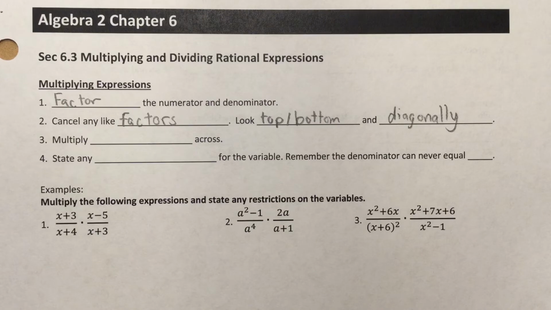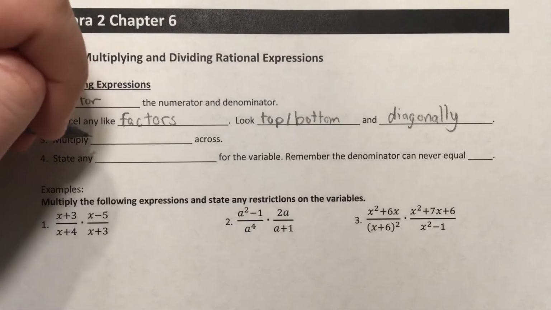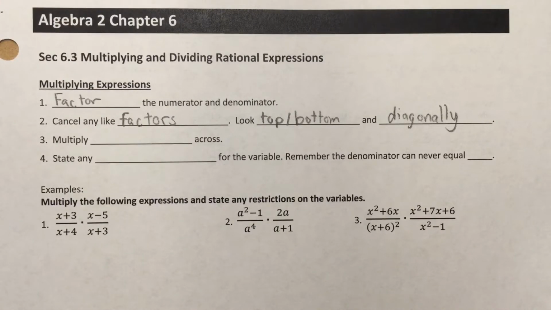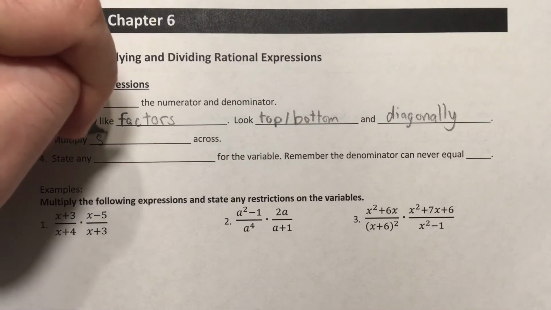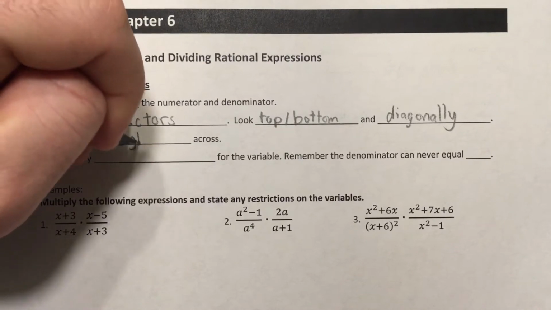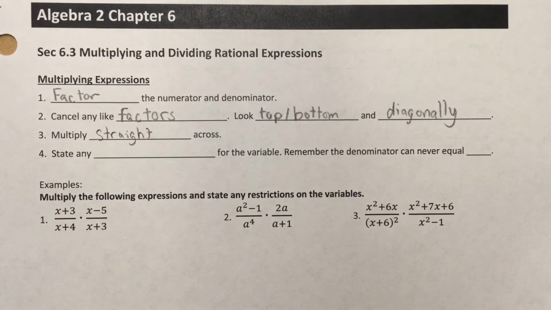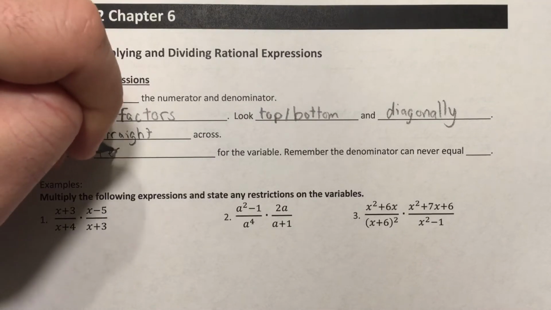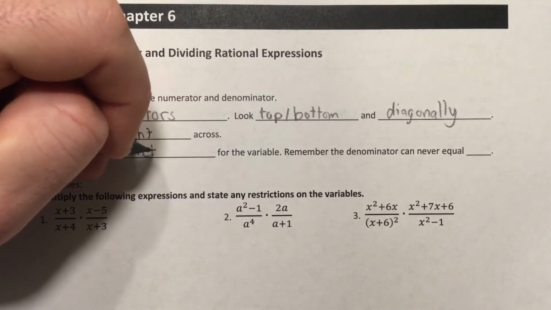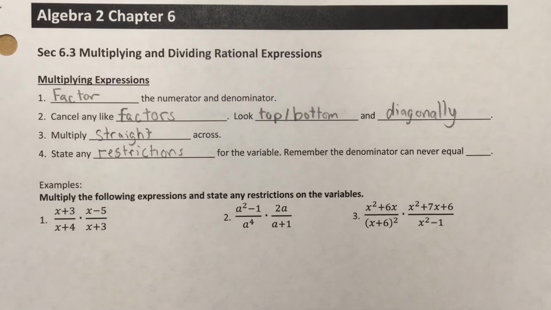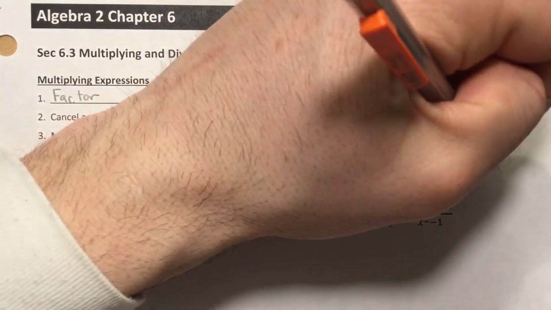Once every like factor is canceled, just like any type of multiplying fractions, you multiply straight across. And just like we talked about last section, we then state any restrictions for the variable. Remember, the denominator can never equal 0.